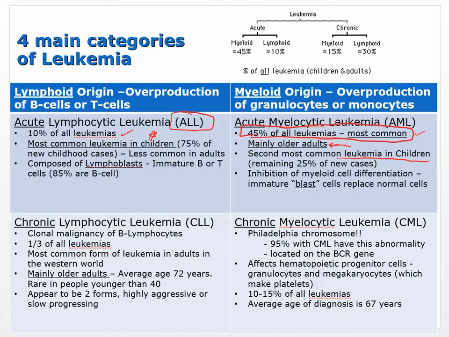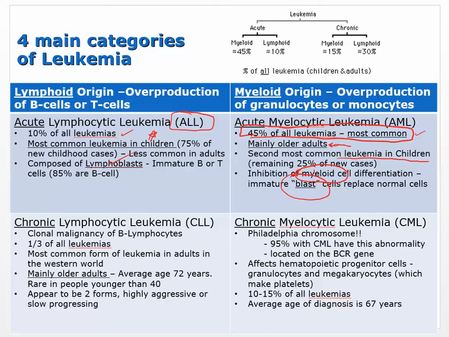Most children are getting the ALL, and this you'll see mainly in older adults. Inhibition of myeloid cell differentiation, immature blast cells replace normal cells. So that's what we were talking about earlier. Of course, it's myelocytic, so you're going to see myeloid, and over here you're going to see lymphoid.